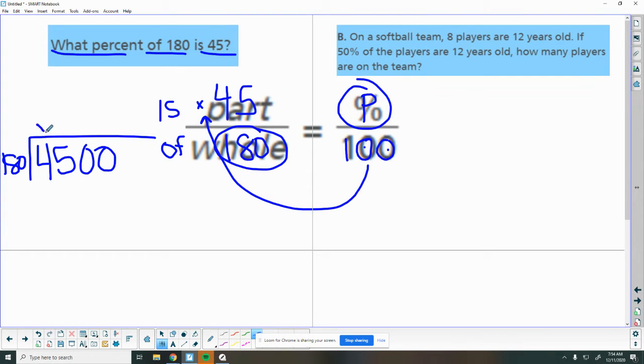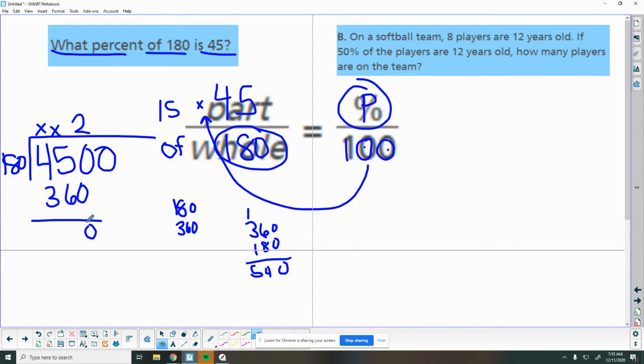So I know 180 can't go into 4 and it can't go into 5. And so let's see, if I have 180, next is going to be 360. 360 plus 180 is 540. That's too big. So it goes in there 2 times, which is 360. So we're left with 0, and we need to borrow here.